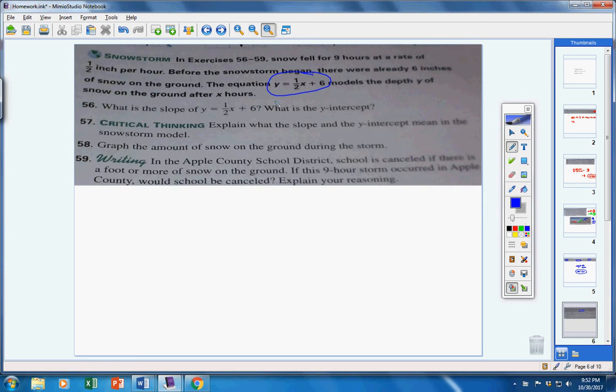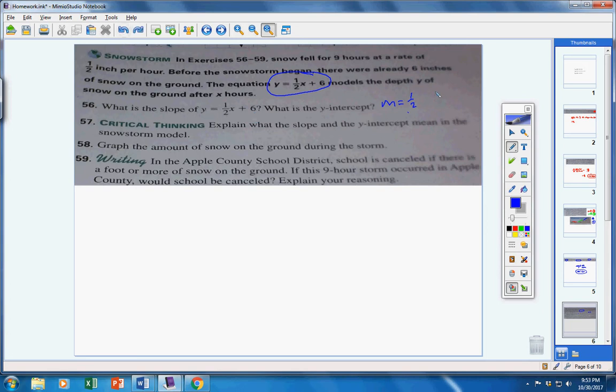X hours, okay? So, what is the slope of this function? Okay, no problem. You know by now that when a linear equation has y by itself, the slope is the number with x. So there we go. The slope is 1/2. Okay, now, what is the y-intercept? Well, you know by now, when y is by itself, this constant term is your y-intercept or your b, okay?